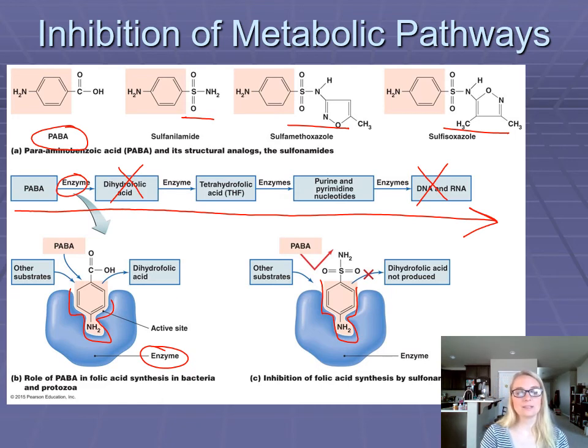This is a great example of metabolic pathway inhibition, but know that there are several others, probably with similar mechanisms, either competitive or non-competitive inhibition of the enzymes that drive these metabolic pathways.